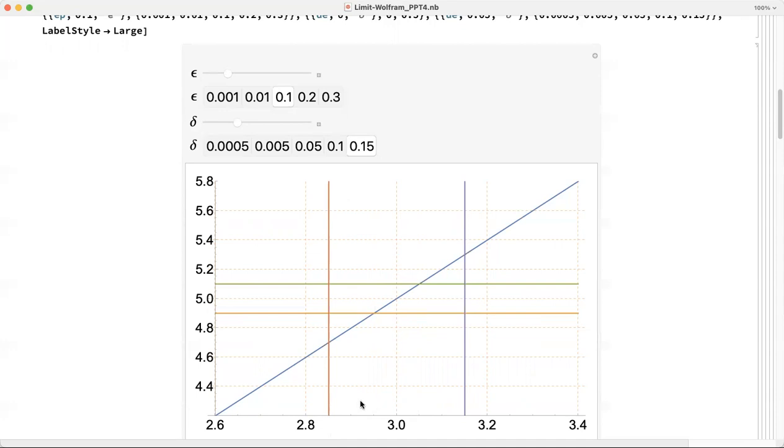As you can see, if x is 2.9, then f of 2.9 is 4.8, and the distance between 4.8 and 5 is 0.2, not less than 0.1. So that number doesn't satisfy epsilon 0.1.